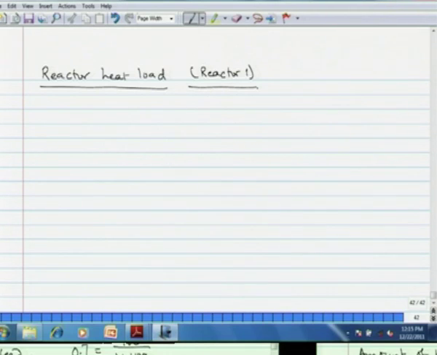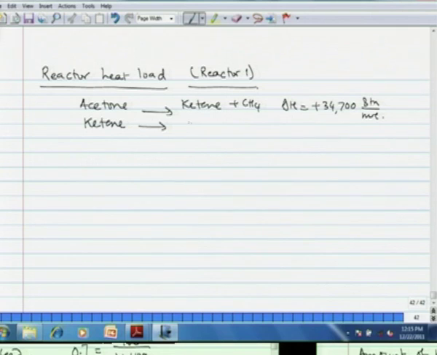The first reaction here is exothermic. Sorry, the first reaction is endothermic. Acetone decomposing to ketene plus methane is endothermic with delta H of plus 34,700 BTU per mole, and the side reaction of dissociation of ketene to carbon monoxide and ethylene is exothermic with delta H as minus 27,000 BTU per mole.